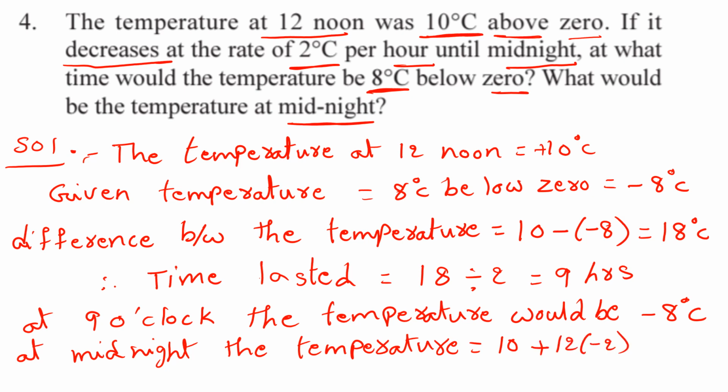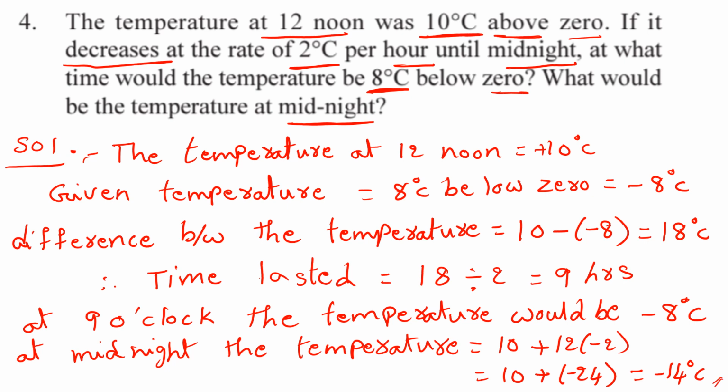Midnight means 12, so 12 into minus 2 is minus 24. So we have to write 10 plus of minus 24, that equals minus 14 degrees centigrade. So at midnight, the temperature will be minus 14 degrees centigrade.